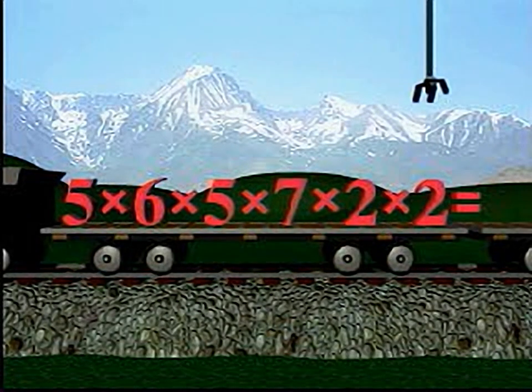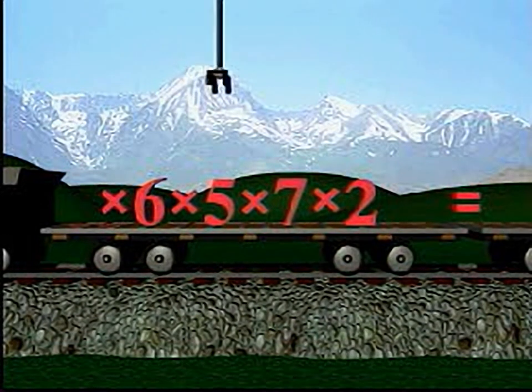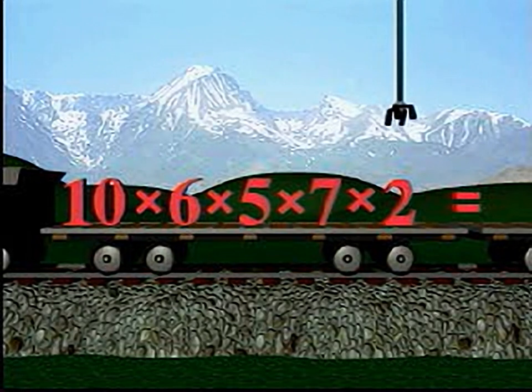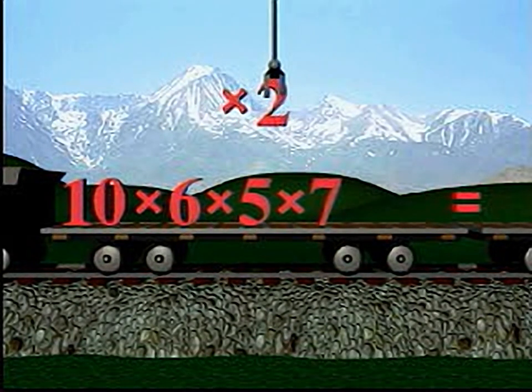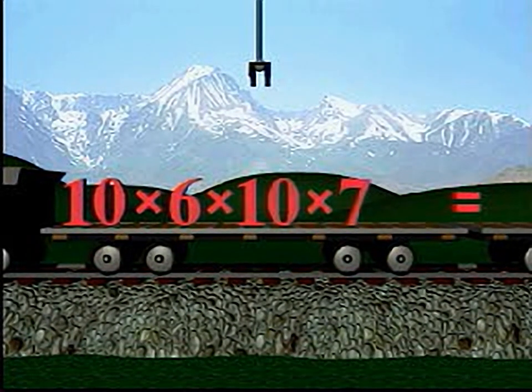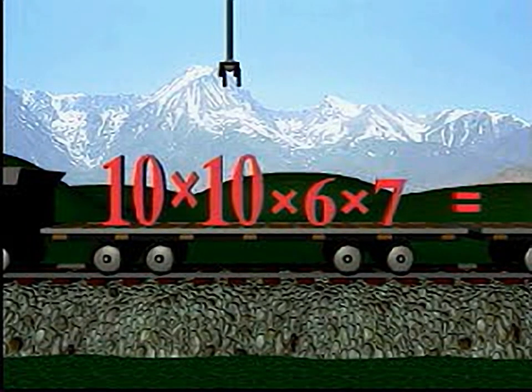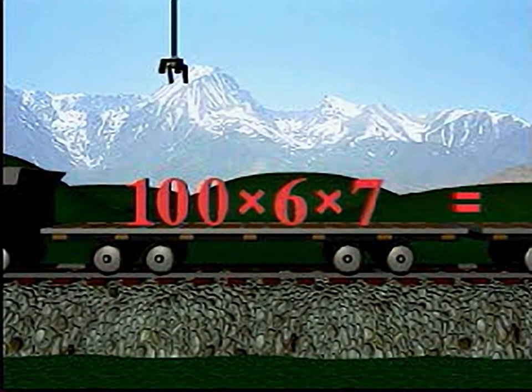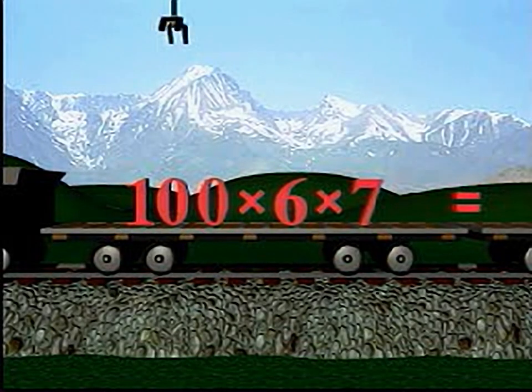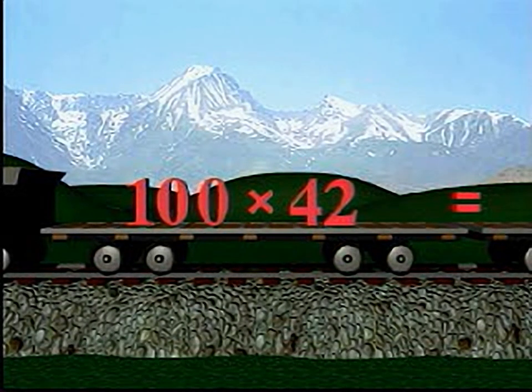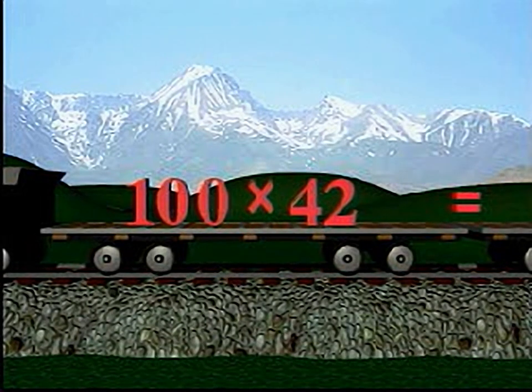If we match up 5 times 2, that's 10. We can match another 5 times 2 for a second 10. So now you have another pair of compatibles. We can rearrange the factors so it's easier to see that we have 10 times 10, making 100, and 6 times 7, or 42. Now, our remaining problem is 100 times 42.